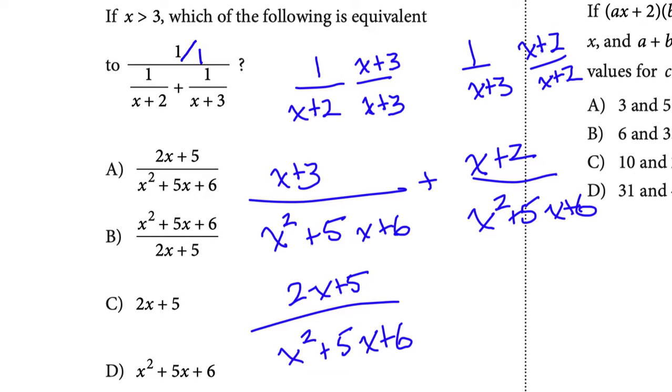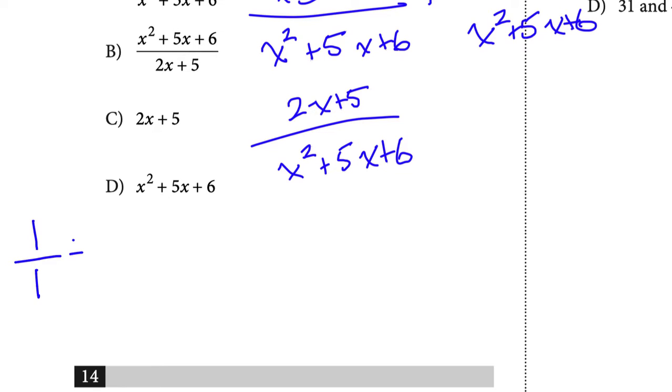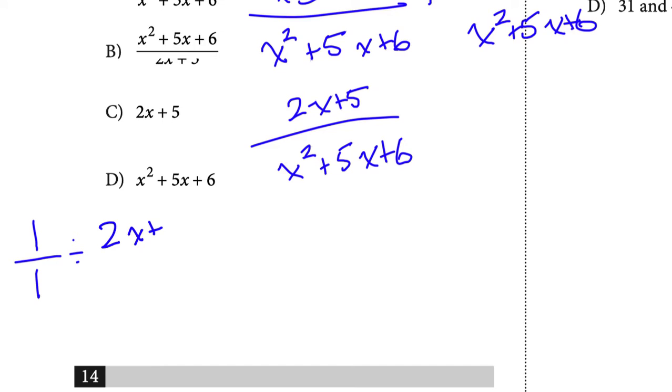So what I'm saying here is, what is 1 over 1 divided by this denominator, divided by 2x plus 5 over x squared plus 5x plus 6.